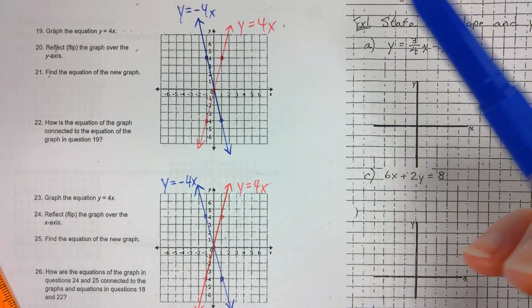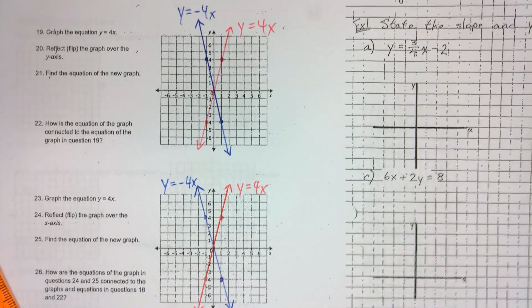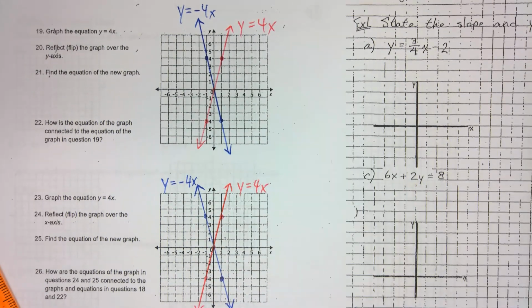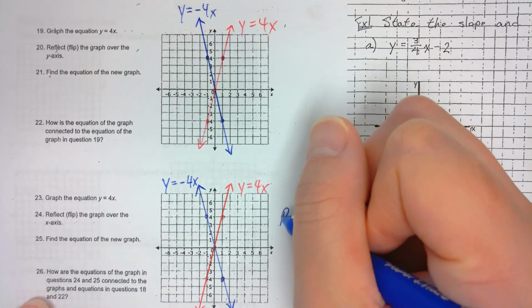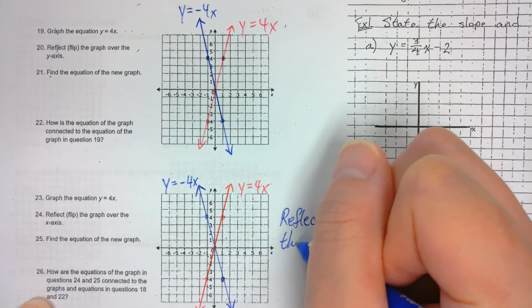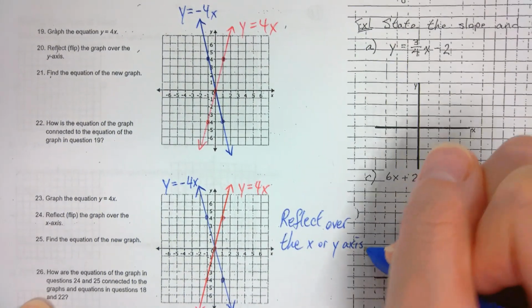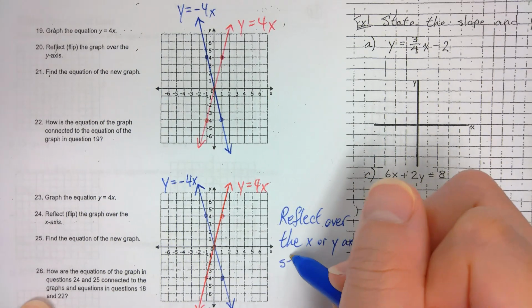So are we going to consider that? Okay, so let's do one. Let me conclude with this one first. So just to, if we reflect over the x or y axis, when we reflect over the x or y axis, the steepness of the line stays the same.